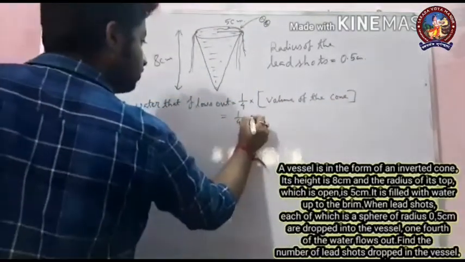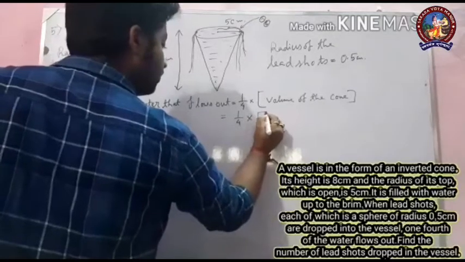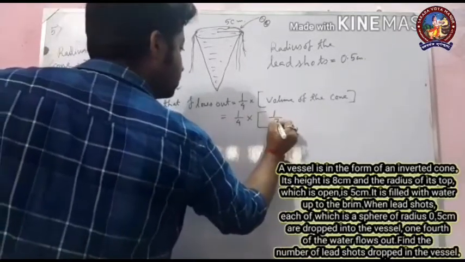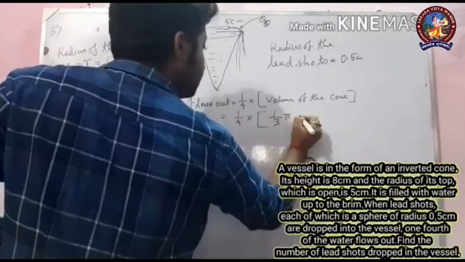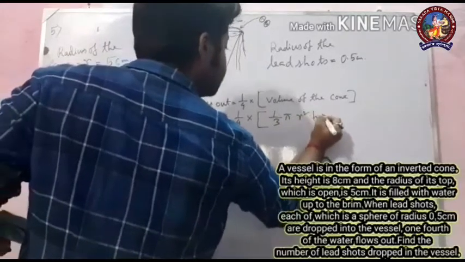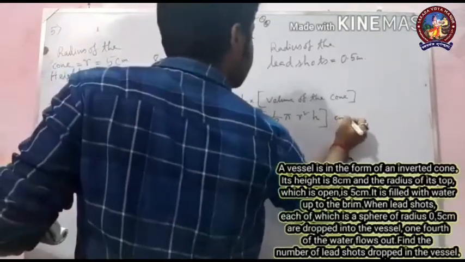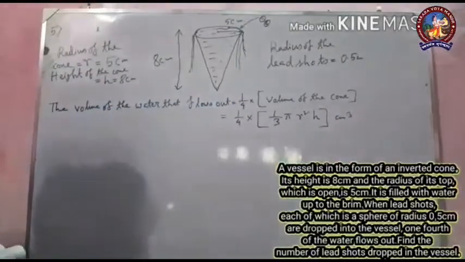This will be 1/4 into, what is the formula for volume of the cone? That is 1/3 pi r square h centimeter cube, right?